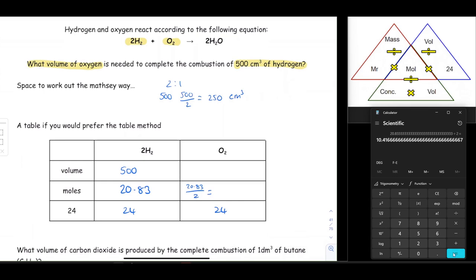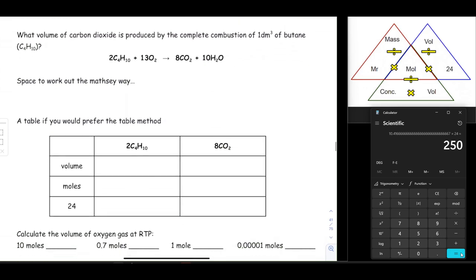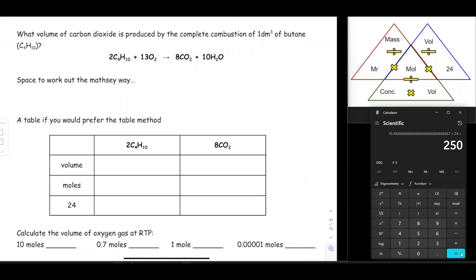Divide by 2 gives us 0.416 moles. Times that by 24 gives us 250 centimeters cubed.